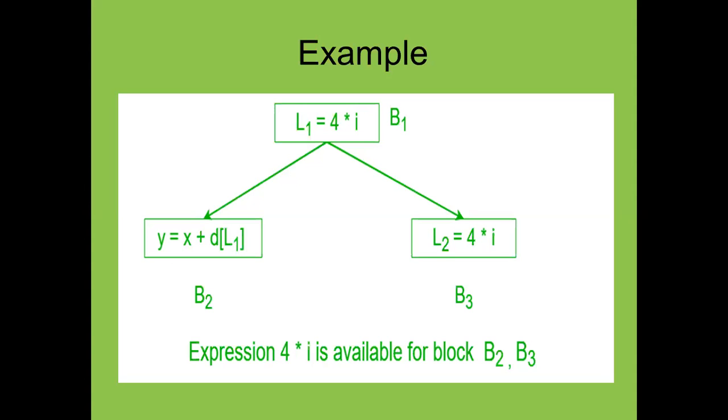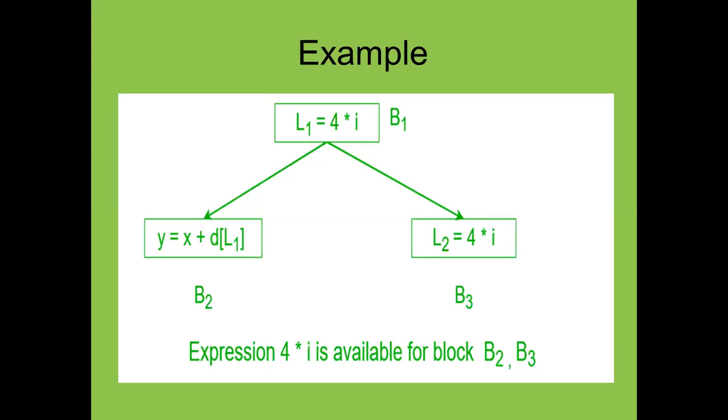B2 has a dependency on B1, the preceding block. Without B1, you cannot calculate this value, because you are involving dl1, and dl1 depends on the preceding calculation, that is, the preceding basic block.